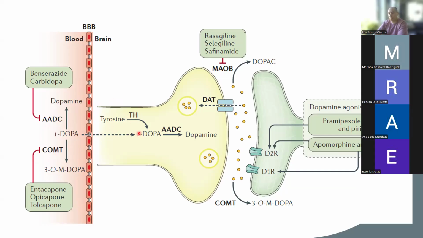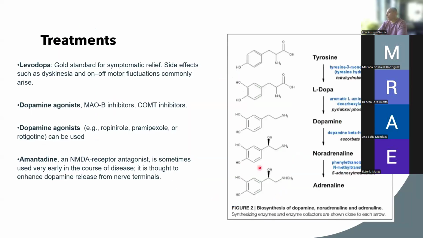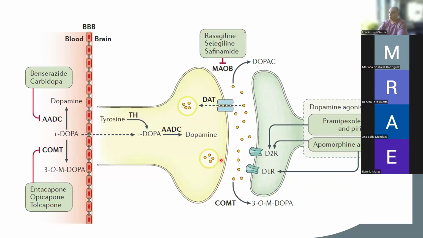And once we are in the brain, we're going to bring it into the neurons, and in the neurons, by the aromatic L-amino acid carboxylase, we're just going to get rid of this carboxyl. We're going to form dopamine, and then dopamine will be released. Once dopamine is released, we have different options.